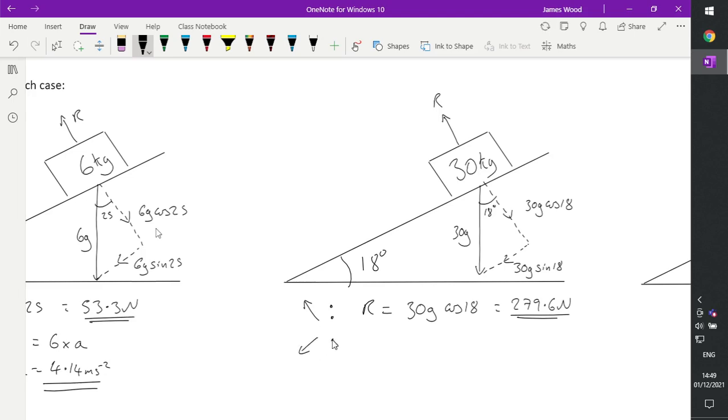And then resolving down the slope to find the acceleration, because it's going to accelerate downwards like this, that is 30g sine 18 equals 30a. Then we can find the acceleration. We get 3.03.